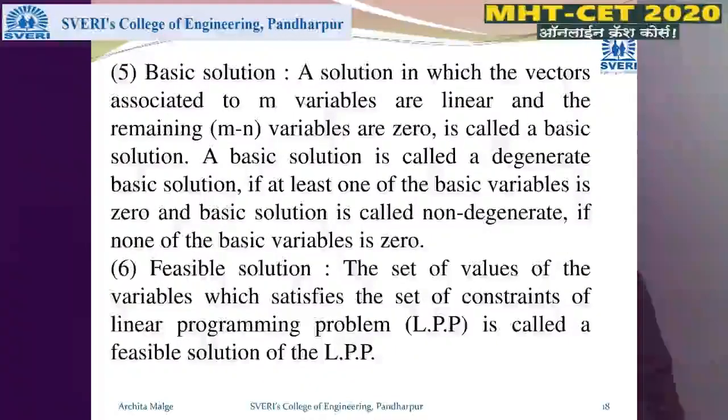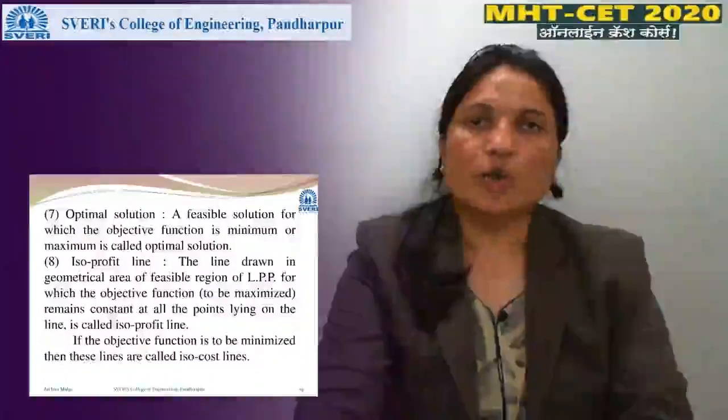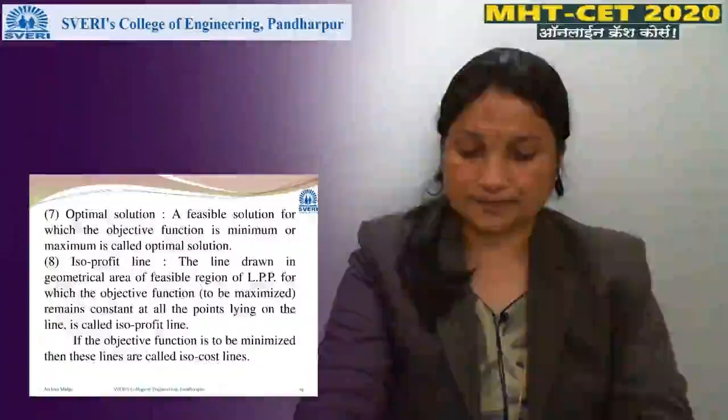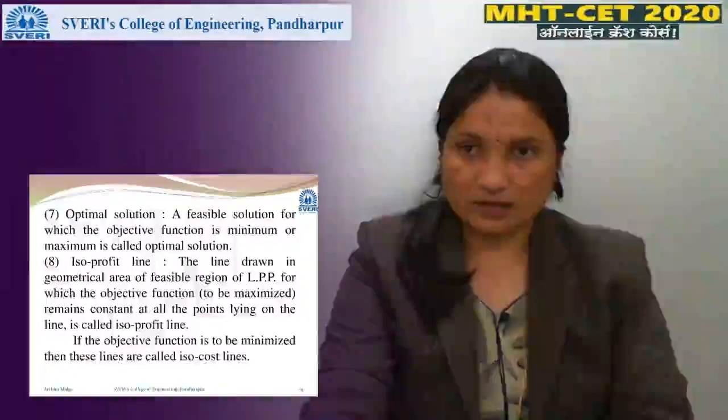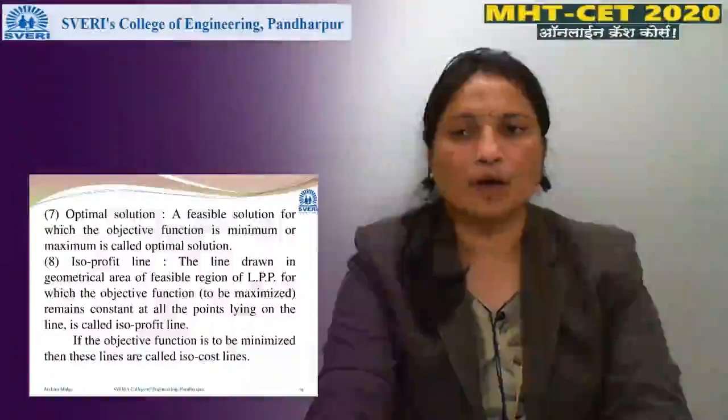Then feasible solution: the set of values of the variables which satisfies the set of constraints of the linear programming problem is called a feasible solution of the linear programming problem. Then what is the optimal solution? As we have discussed, an optimal solution is a feasible solution for which the objective function is minimum or maximum.